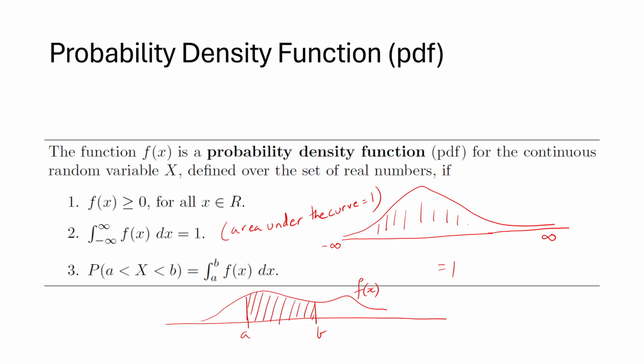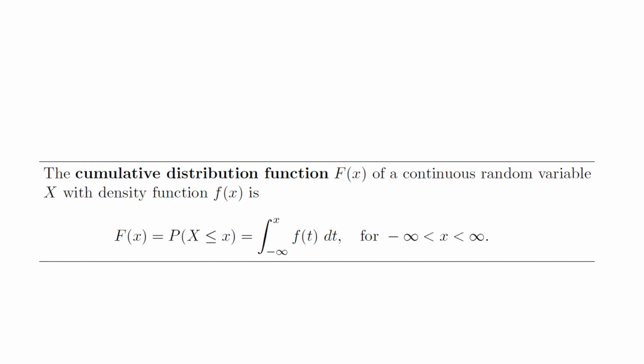Okay, got this. Let's go to the next thing. Same way we define something called a cumulative distribution function, capital F of x. That is the sum of all the probability values up till x. Capital F of x is defined as the sum of all the probability values up till x. Clear?